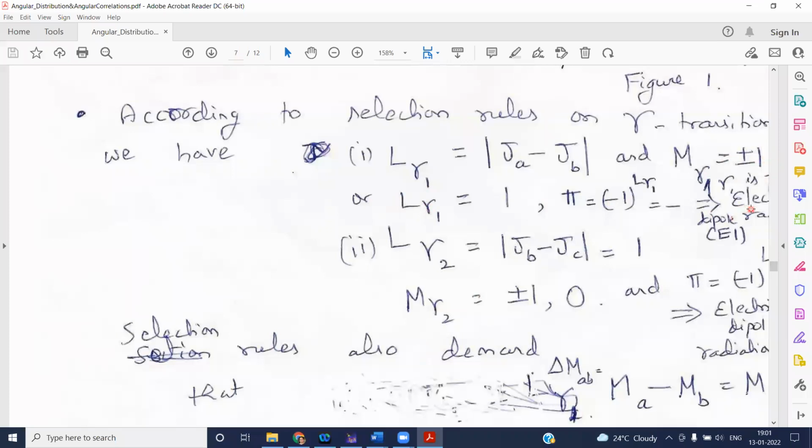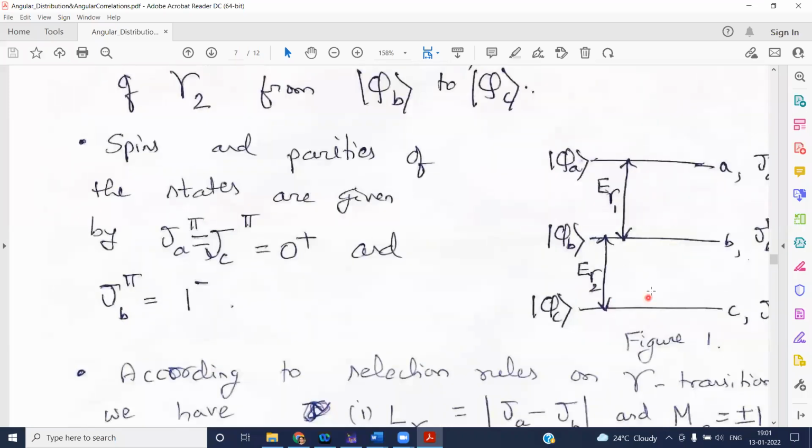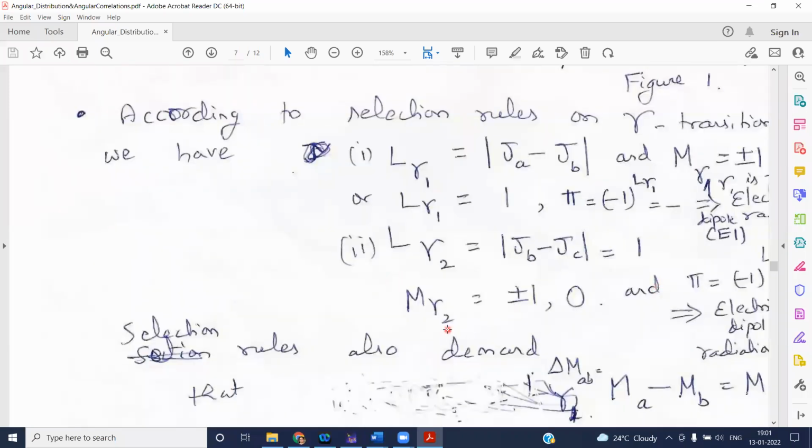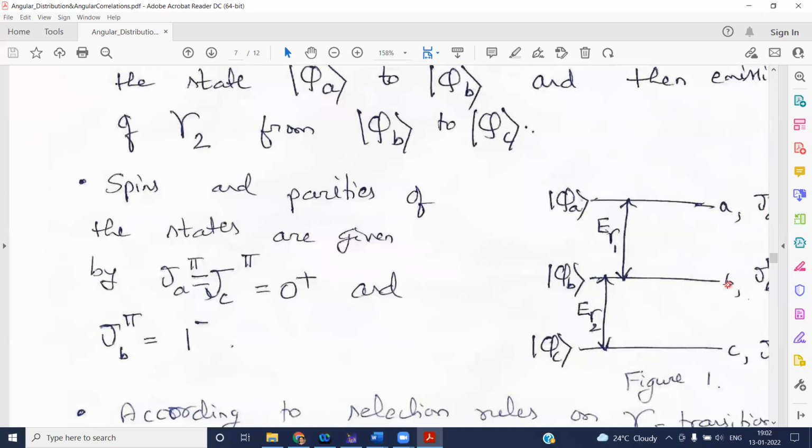So similarly, for the second gamma ray, I find the same thing. M gamma 2 is MB minus MC, that is plus or minus 1 and 0. Why? Because MB is plus or minus 1 and 0. What is MC? What is JC?